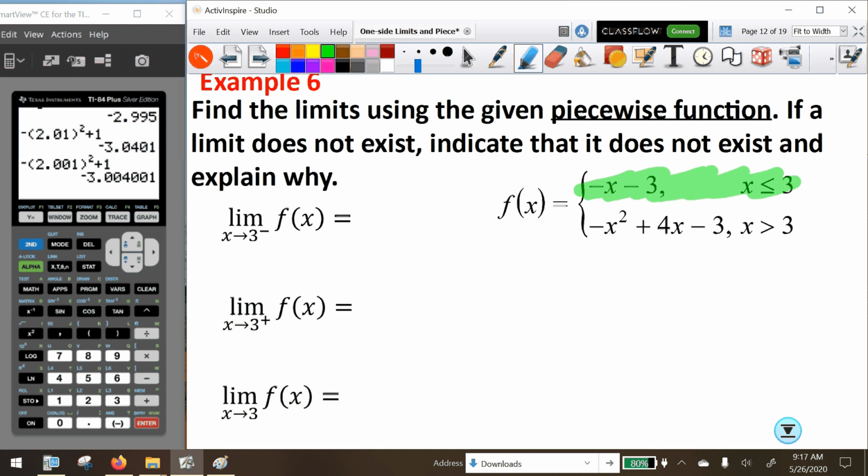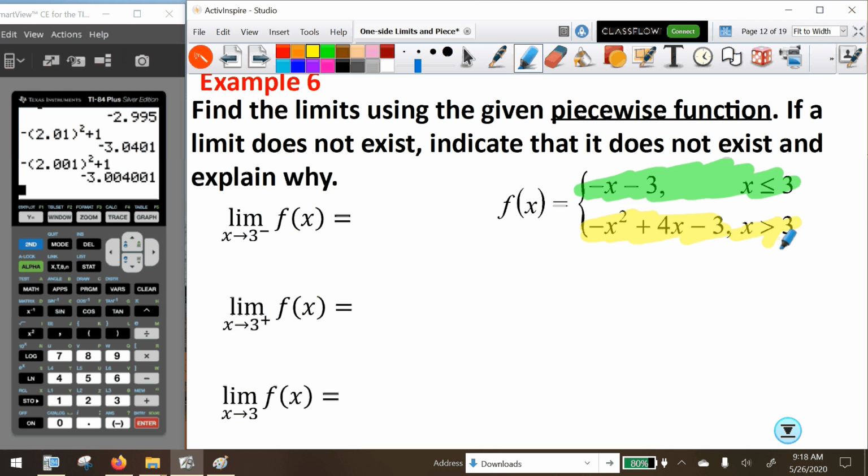And when x is strictly greater than 3, the function is defined as negative x squared plus 4x minus 3. So this has two different definitions: a linear part for all x values less than or equal to 3, and a quadratic part for all x values greater than 3.